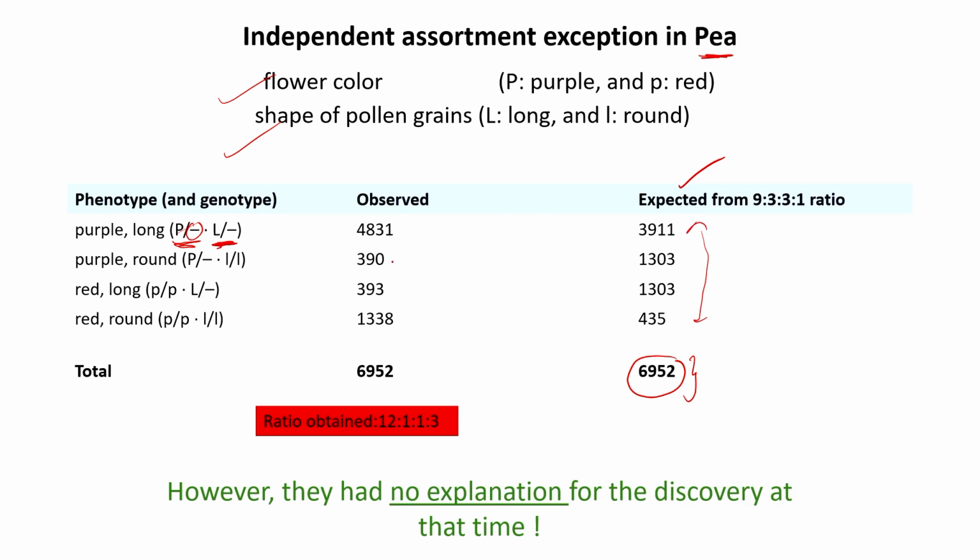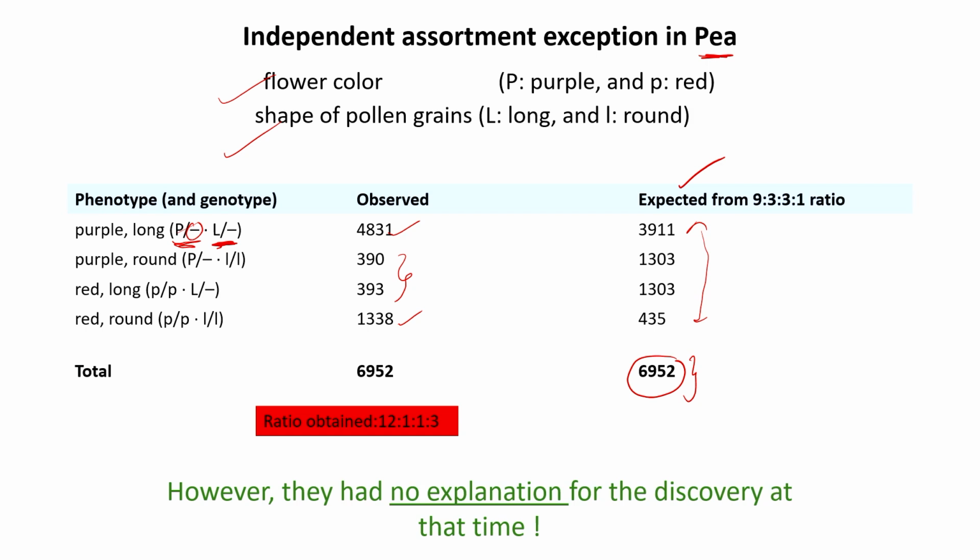But what they were seeing is that there were 2 major classes that were predominant, and there were very few classes that were recombinants, the new combinations. The predominant ones really look like parentals, and there are very few non-parental combinations.